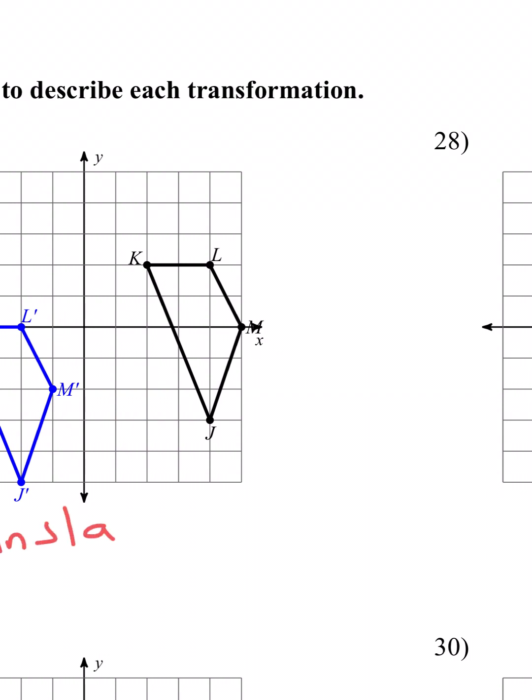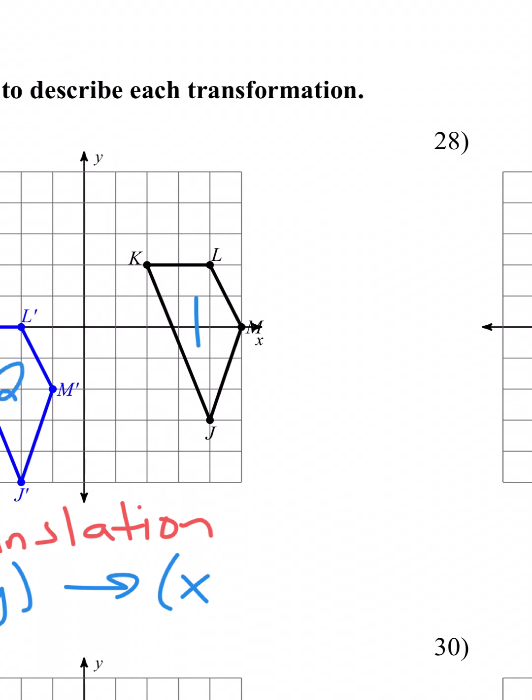How do we describe a translation? We got to use the vector, right? So my original xy, I need to know how x moved. Which one's my original? The one without the 1. Which is left or right? Right. And then that's my new one.